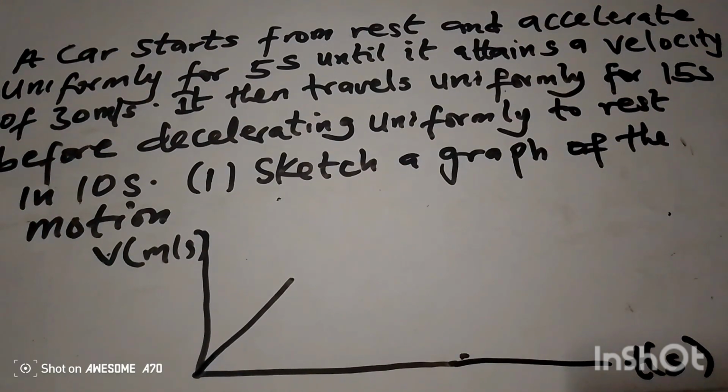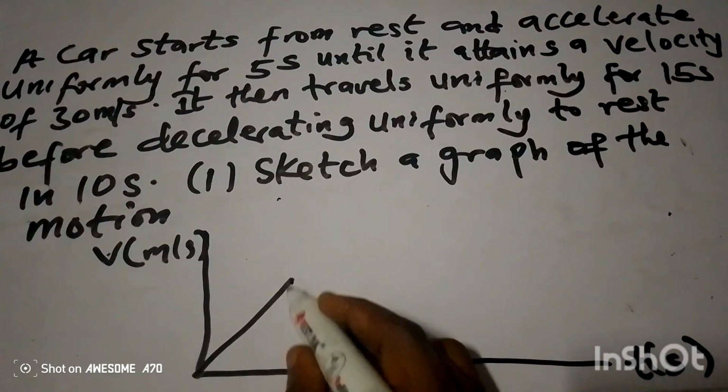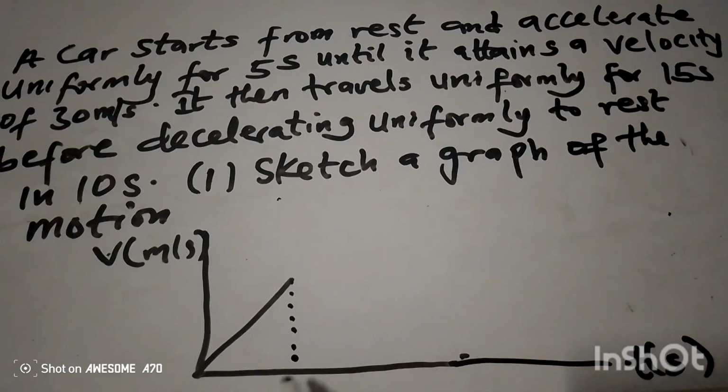So it accelerates uniformly for 5 seconds. So it means it has covered 5 seconds. From here to here is just 5 seconds. Okay, let me put it clearly so that you can see. From here to here is 5 seconds. Then it attains a velocity.